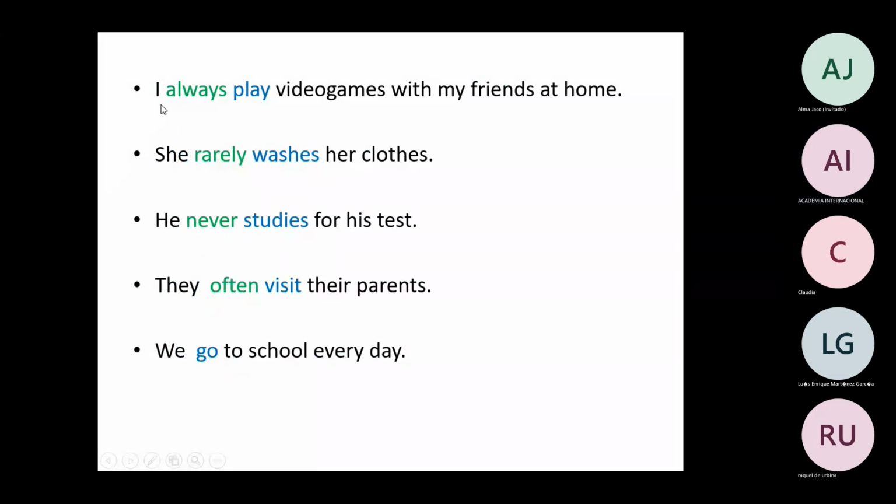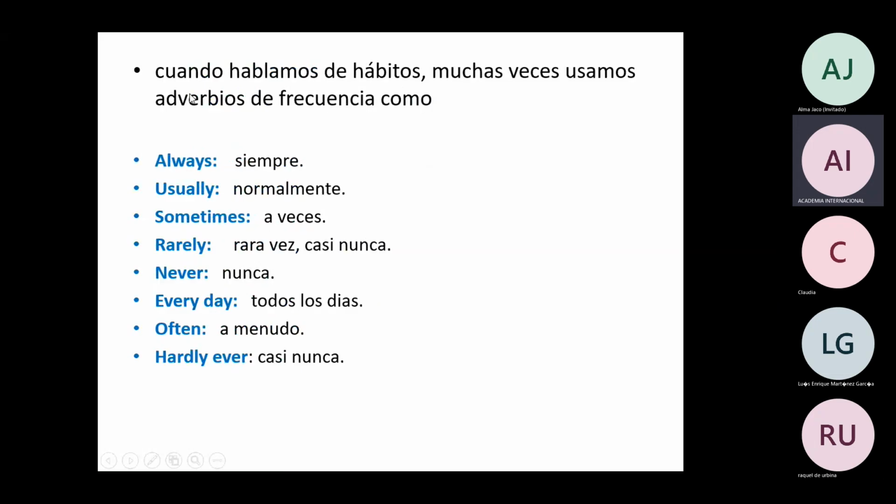Normalmente siempre queremos traducir las cosas así como las decimos en español. Por ejemplo, si yo digo en español, siempre juego videojuegos. Always es como siempre, ¿verdad?